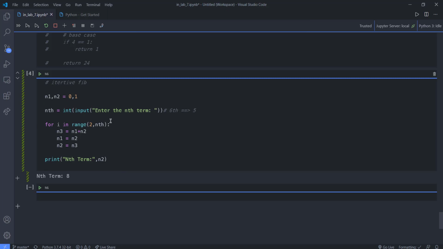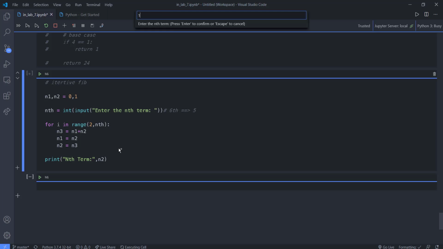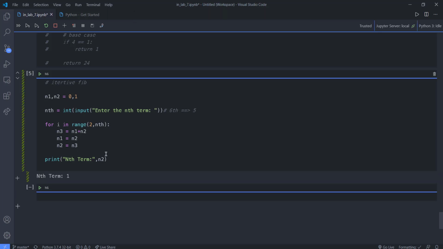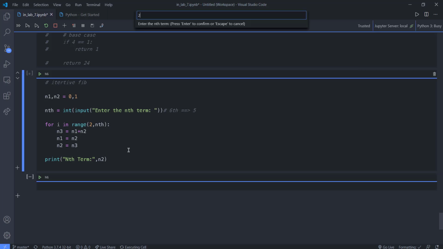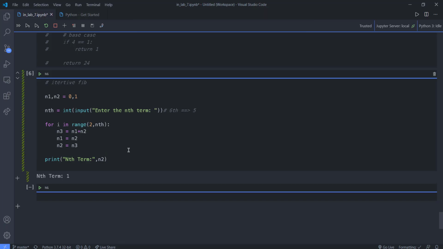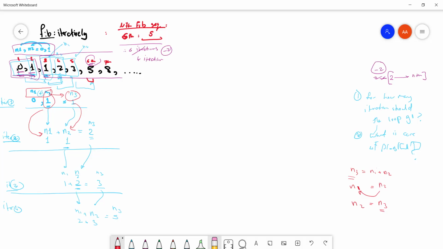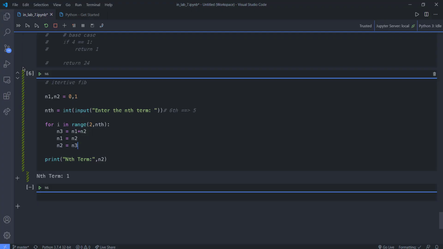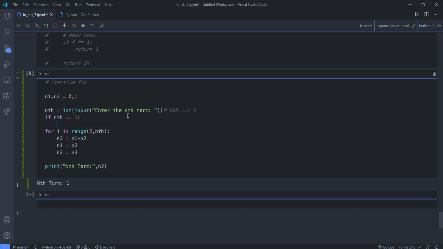Now there are some stuff that we need to take care of, because if you try to get the first term, you're gonna get 1, which is wrong, and if you try to get the next term, you're also gonna get 1. In this case, the next term is right, but for the first term, this is incorrect. So you can just add an if statement and see if the nth term is equal to the first term, which is gonna give you n1 that is equal to 0.